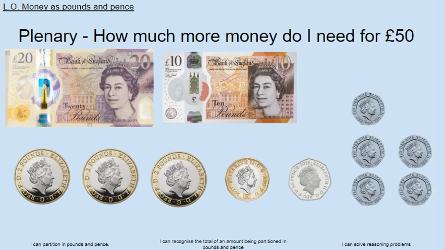Now I'd love to draw a bar model at this point, but I don't know how to do that. Oh, actually, do I know how to do that? Let's just try that just for fun. Bear with me. Oh, hello. So I want £50. Oh, that says 50.